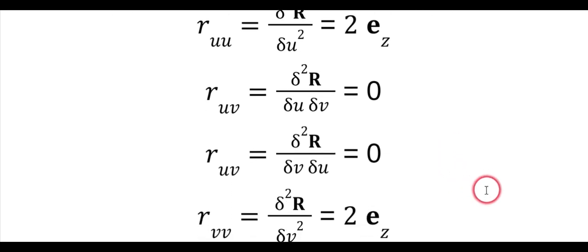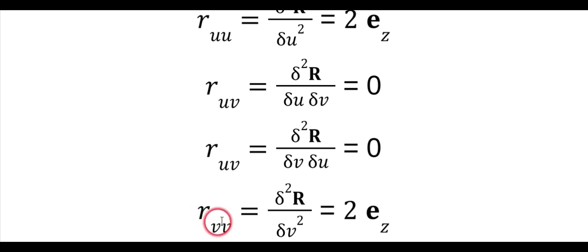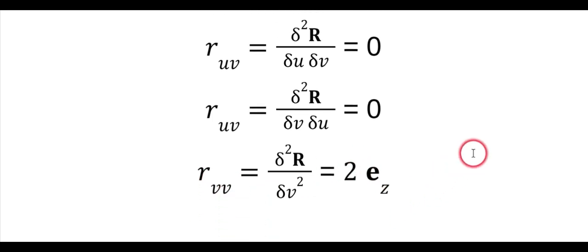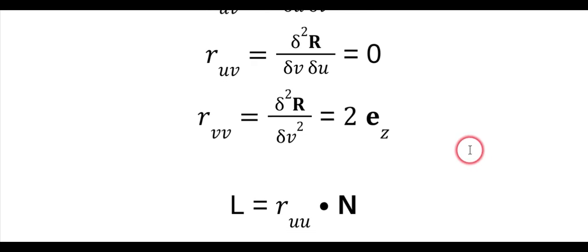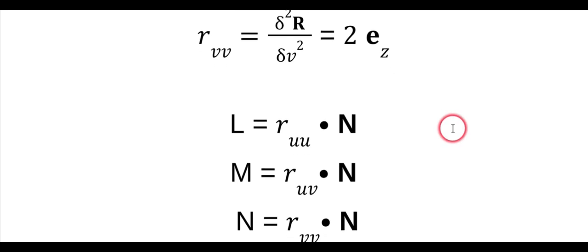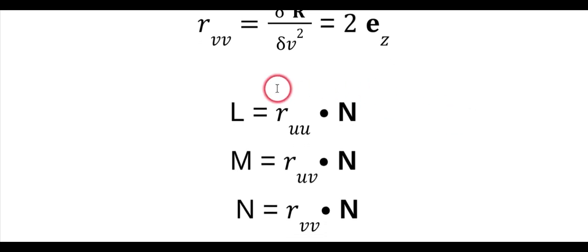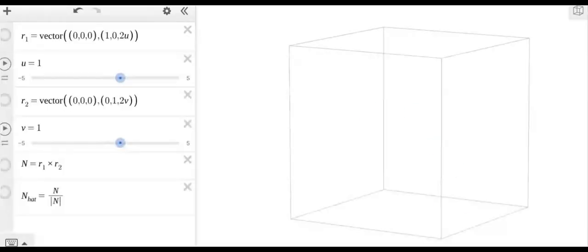And the second derivative of r_v with respect to v is also 2z. All right. Now, he defined these letters, L, M, and N, as the dot product of these second derivatives with respect to the surface normal. All right, so let's go look at that.